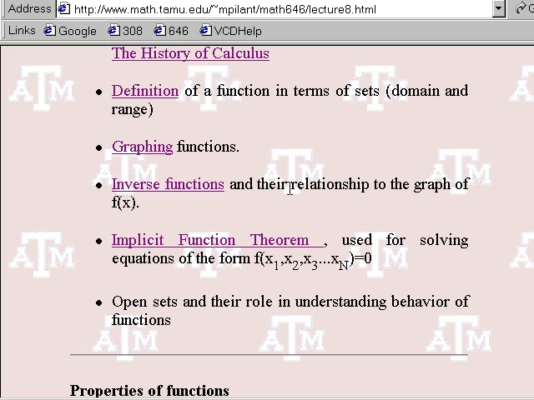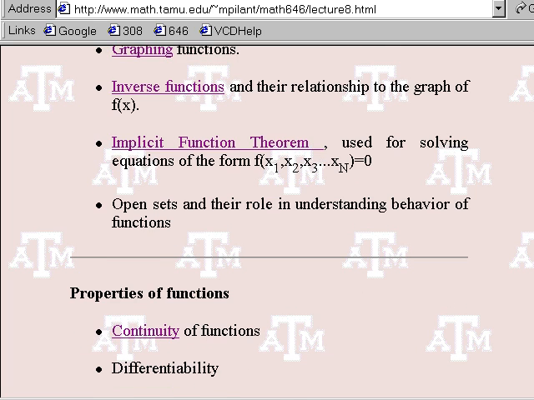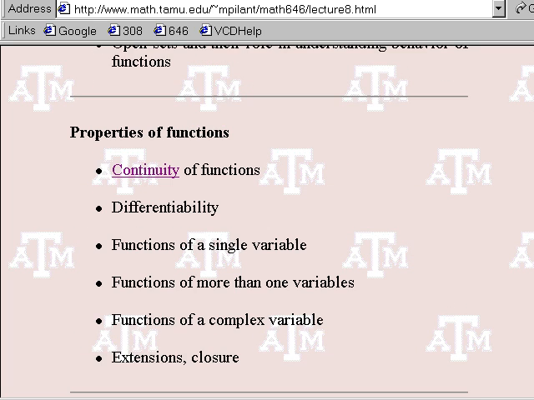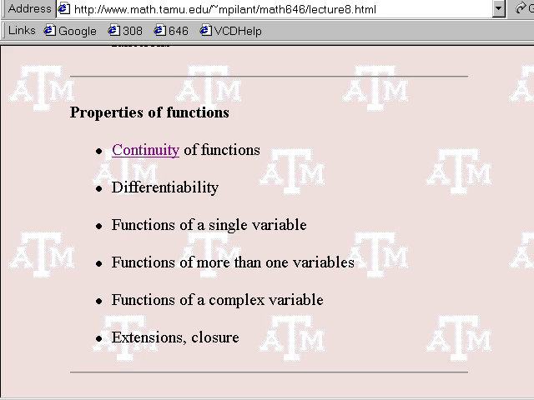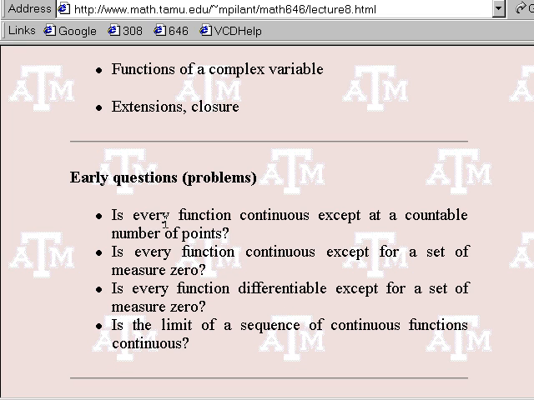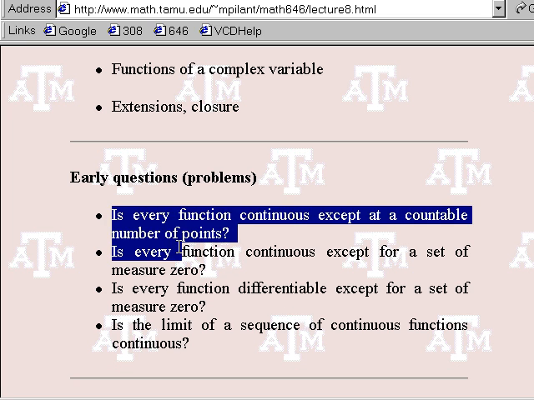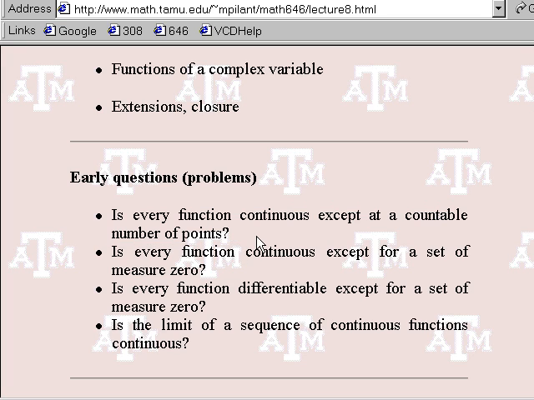We have an example of the applet function to do graphs, the relationship of an inverse function, the implicit function theorem, continuity, differentiability, etc. And we also talked about several of the early questions that arose whenever functions were first identified as objects of their own interest.